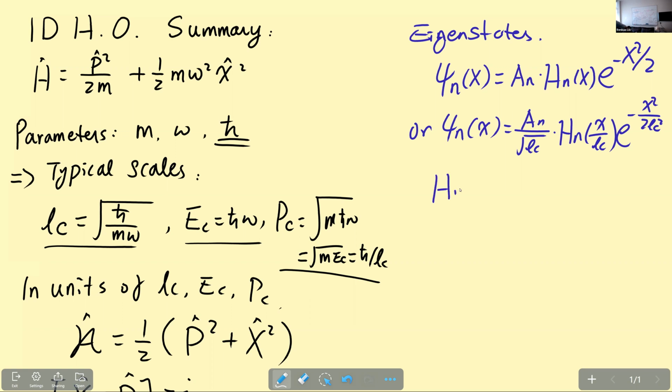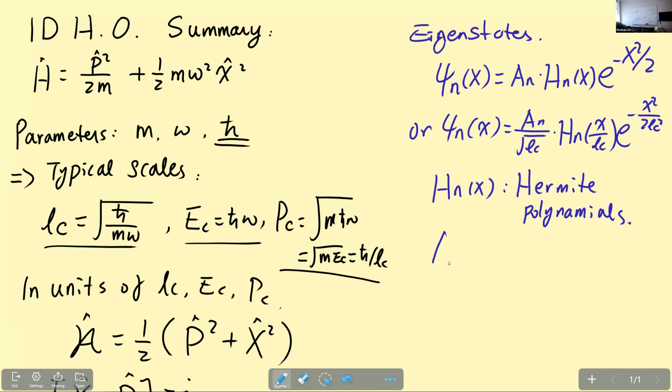And this H_n(x) is called the Hermite polynomial. We will talk a little bit more about these polynomials later.